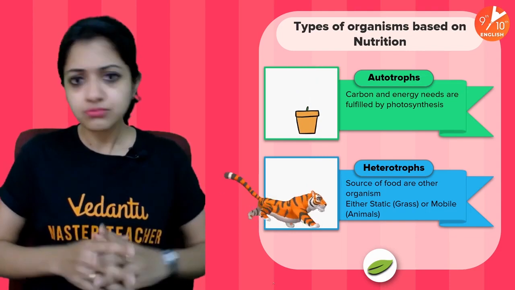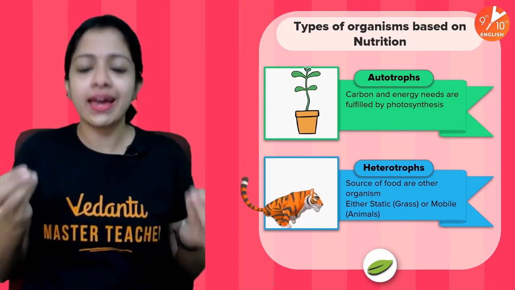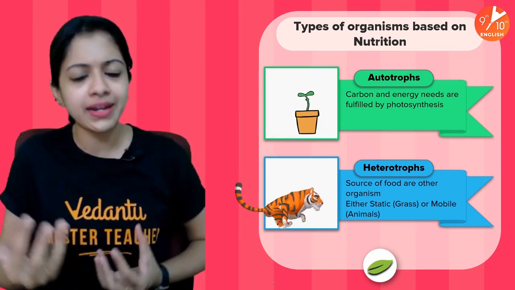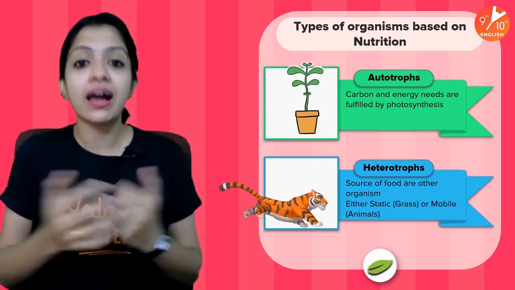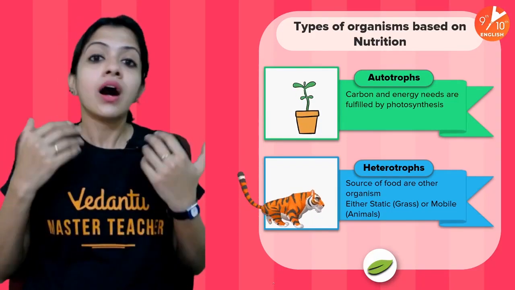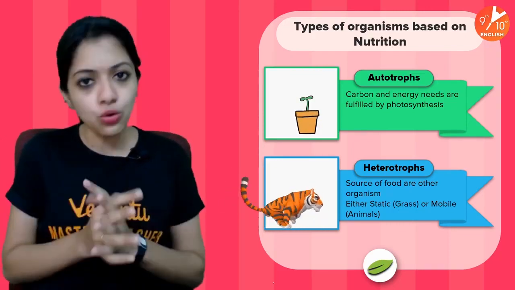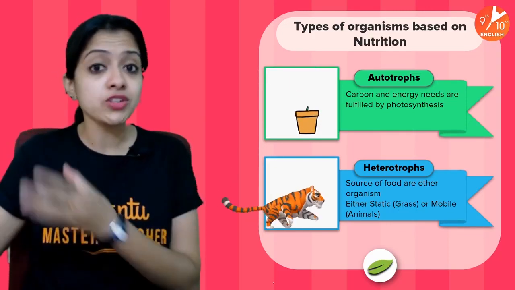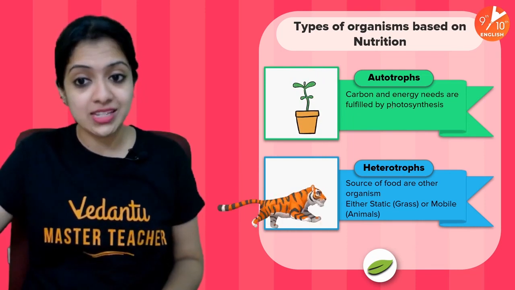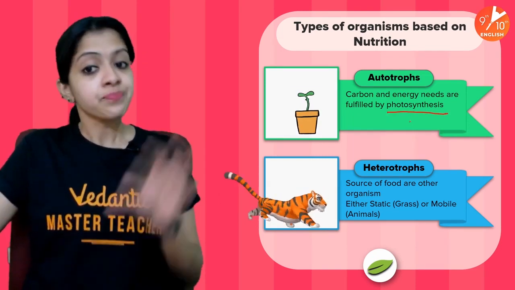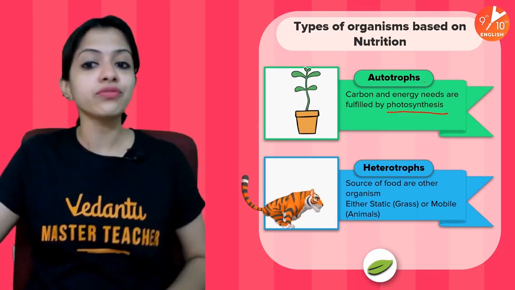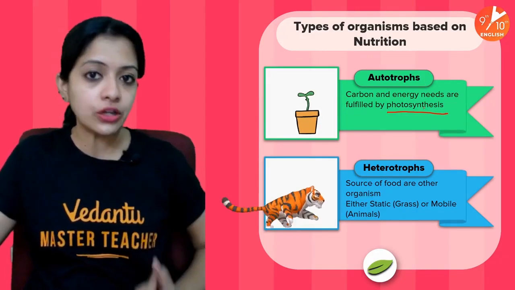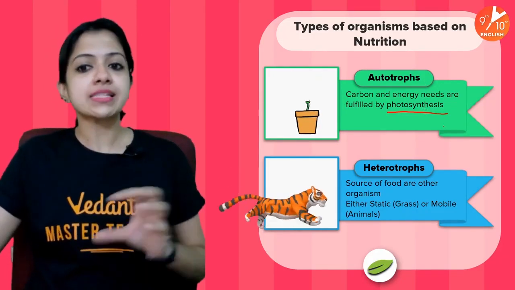They use simple inorganic substances from nature, like carbon dioxide from the atmosphere and water from the soil, and they have the ability to prepare organic substances like glucose, right? This process by which plants are able to achieve this, we call it photosynthesis. So plants are an example of autotrophs, and the mode of nutrition is autotrophic nutrition. Okay, so that's about autotrophs.